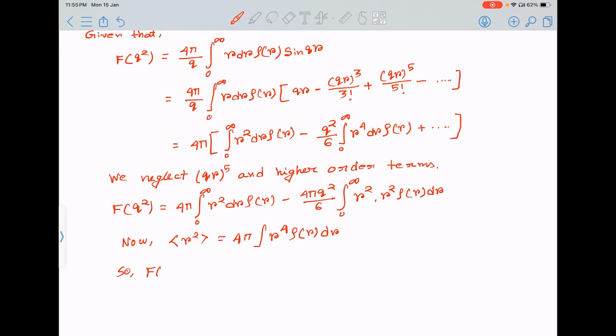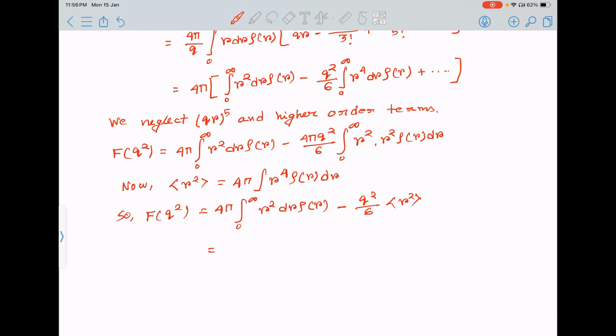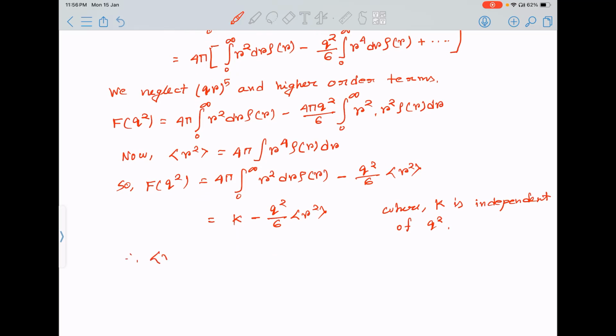So F(q²) will be 4π ∫ r² dr ρ(r) minus q²/6 times the expectation value of r². So the first term is independent of q, so I can just say it is a constant k minus q²/6 ⟨r²⟩, where k is independent of q².